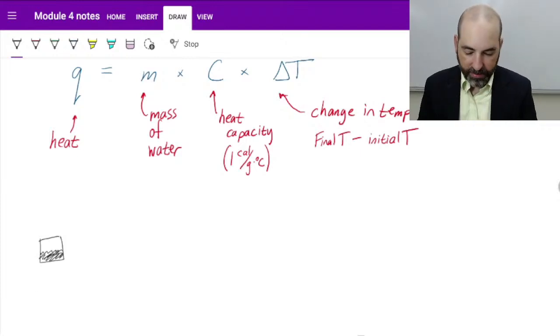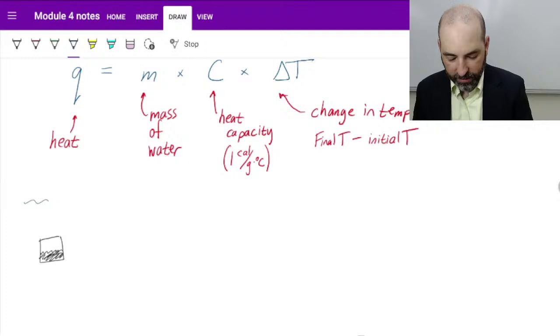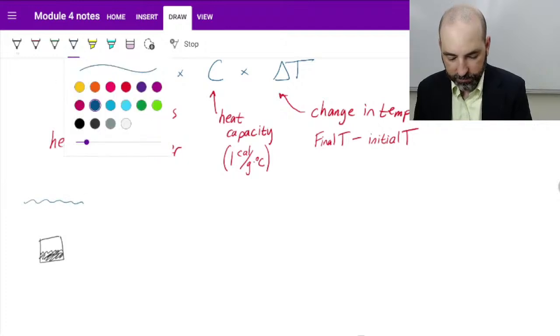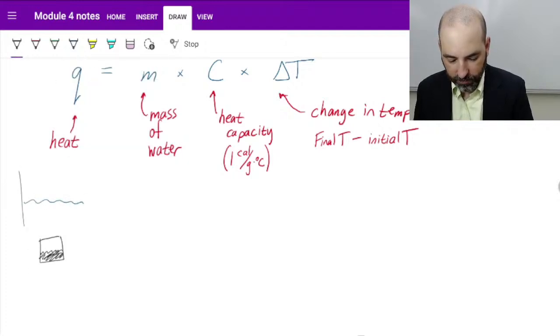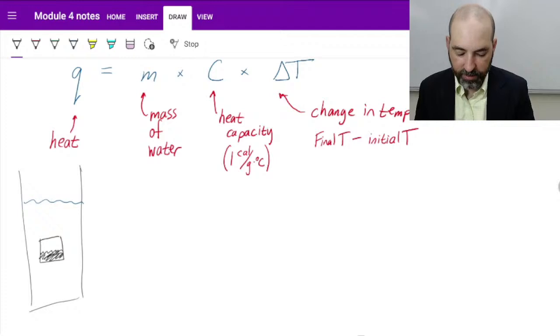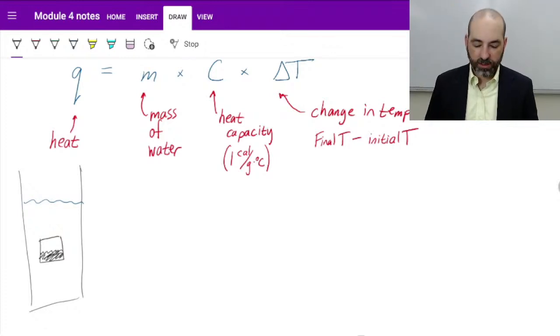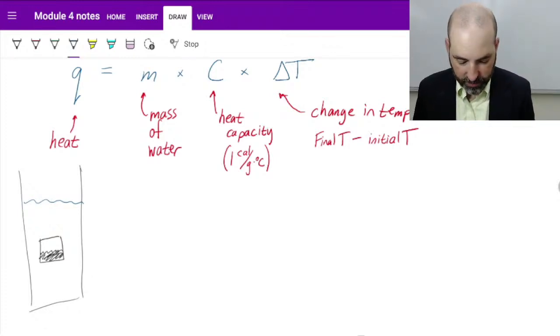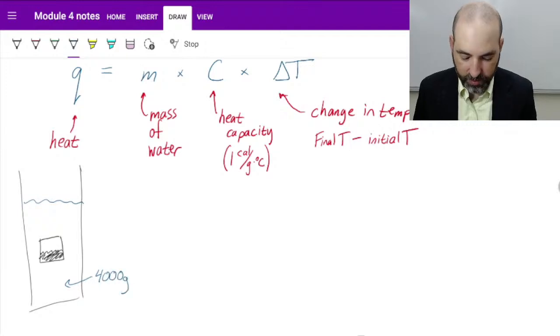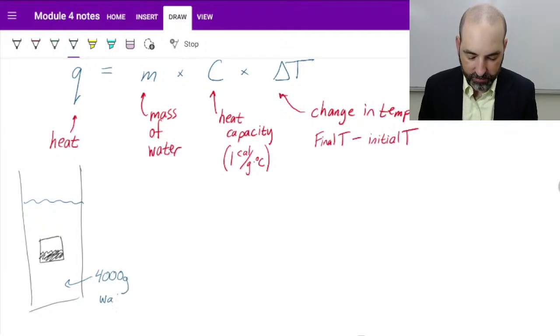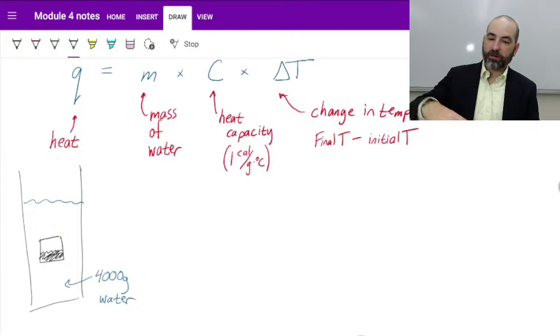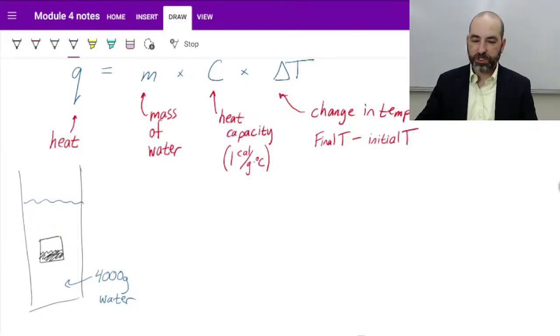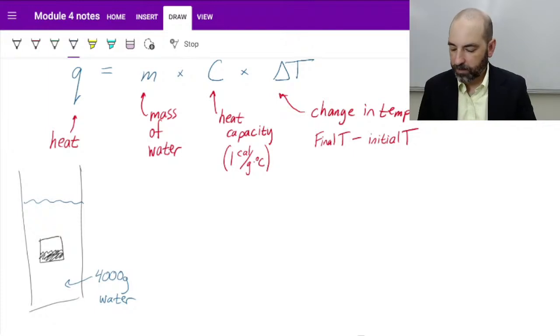Then we're going to submerge that in water, because we want all of the energy to go out into the water. So let's say we have 4,000 milliliters of water, which would be 4,000 grams of water. And we put our calorimeter down into the water, which is just a container that our stuff is going to burn in.